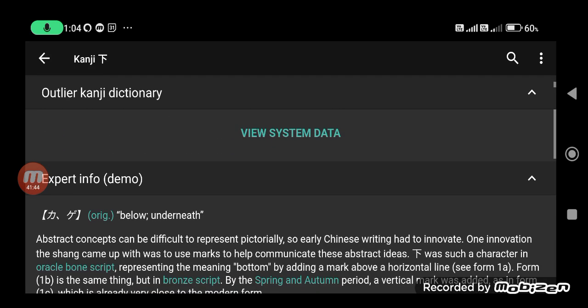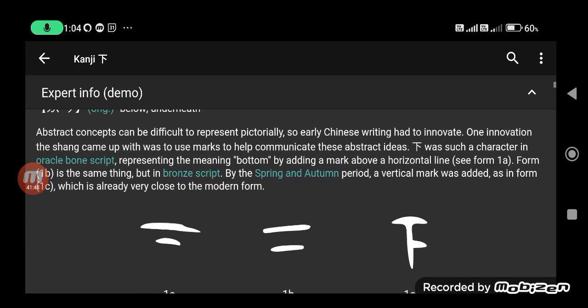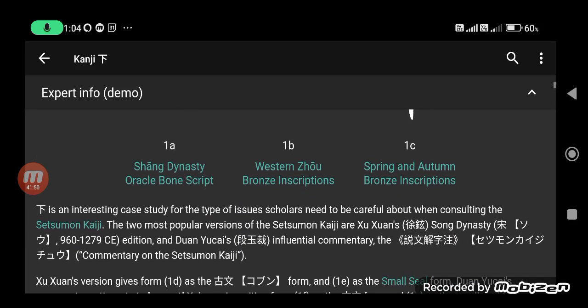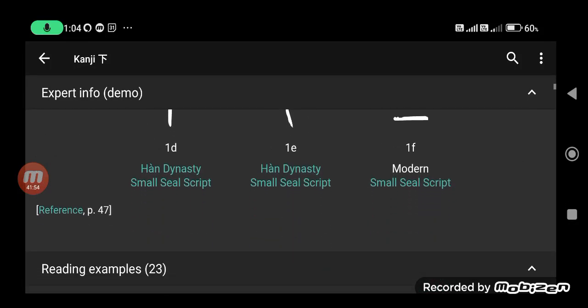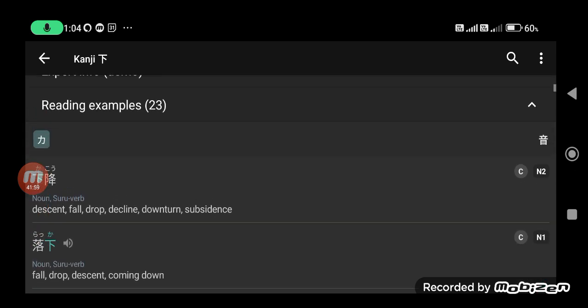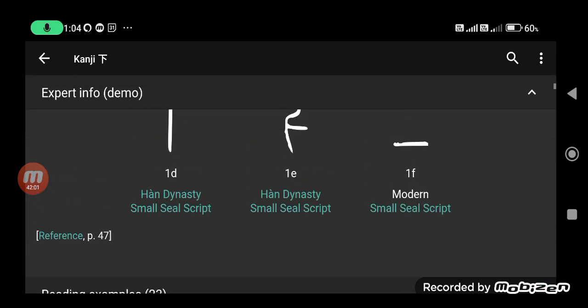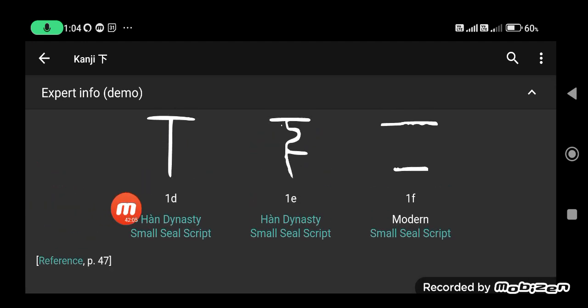Let's go straight to the detailed one, and let's skip this lengthy history. There's a lengthy history about this. But in the interest of time, you see, usually the kanji was finalized during the Han Dynasty.